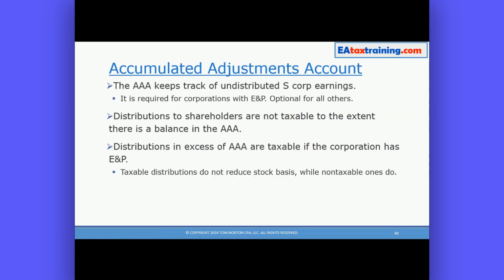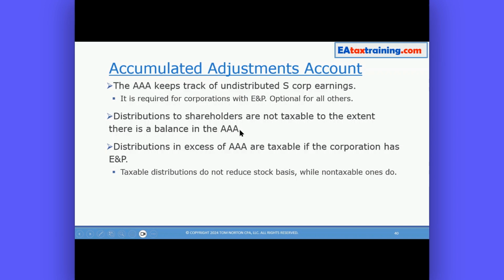So, what is the accumulated adjustments account? AAA keeps track of undistributed S Corp earnings, and the corporation is required to keep track of AAA if they used to be a C Corp that has earnings and profits. For all other S Corps, it is optional whether or not to keep track of AAA.